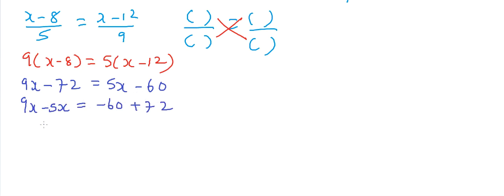So 9 minus 5 is 4, so 4x is equal to minus 60 plus 72, or 72 minus 60, so what is that? 12. So x is equal to 12 by 4, which is equal to 3.